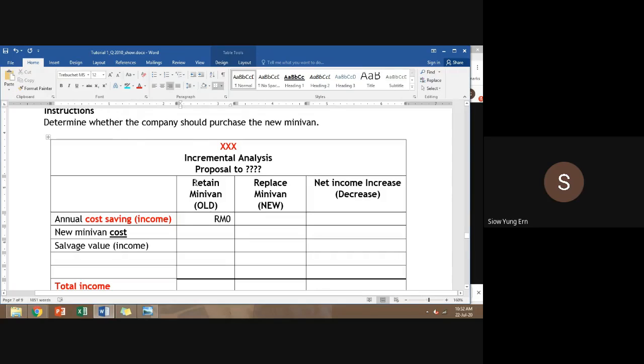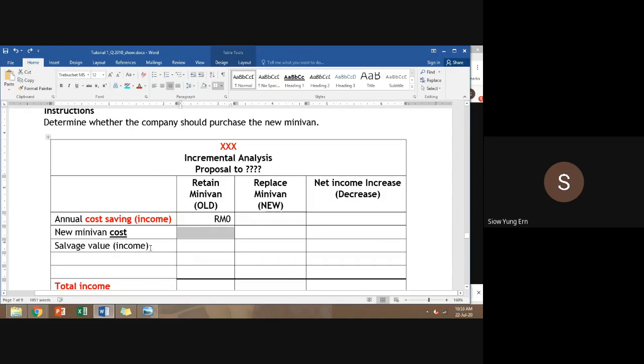Okay, if you want to retain the old minivan, what is your new minivan cost? If you're going to retain your old minivan, are you going to buy a new one? No, so 0. Okay.